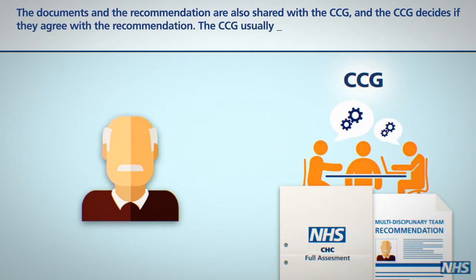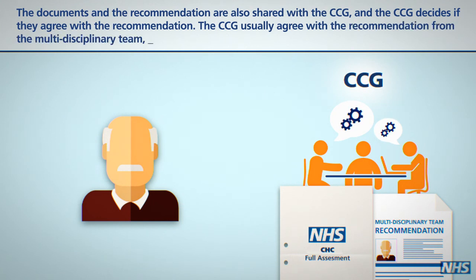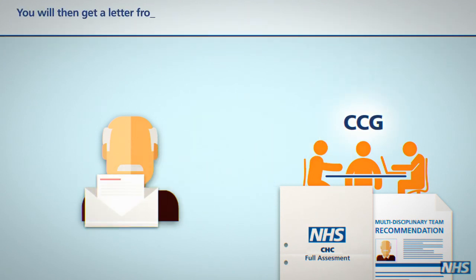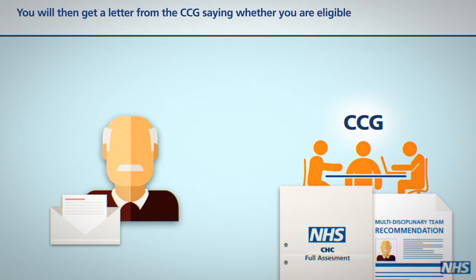The CCG usually agree with the recommendation from the multidisciplinary team, unless there are very strong reasons why they can't. You will then get a letter from the CCG saying whether you are eligible for CHC. If you are not eligible, the CCG should explain why.